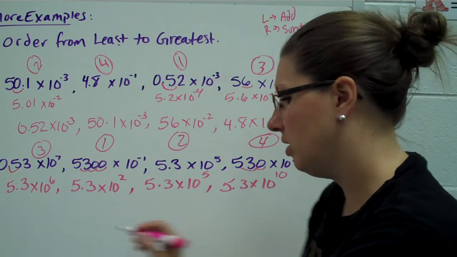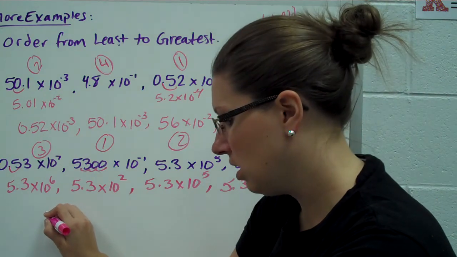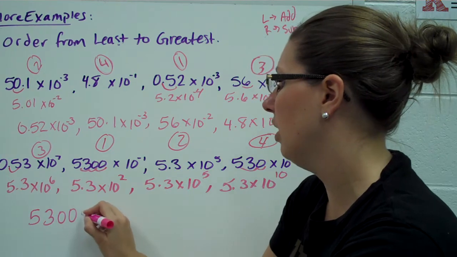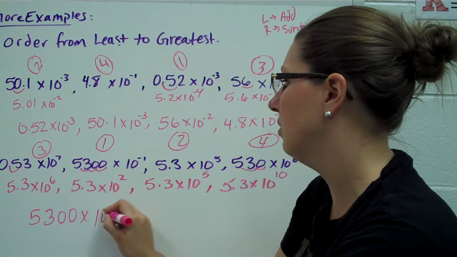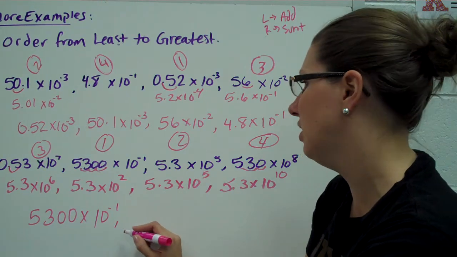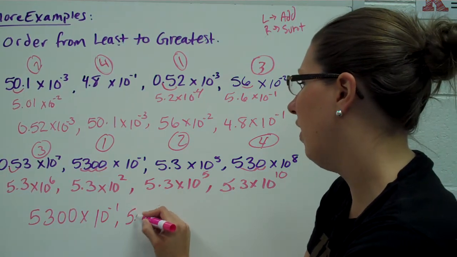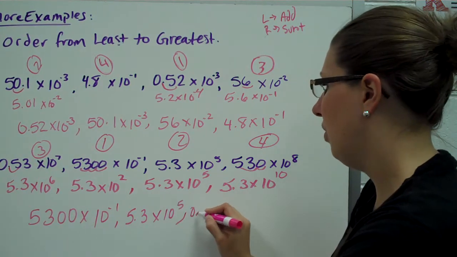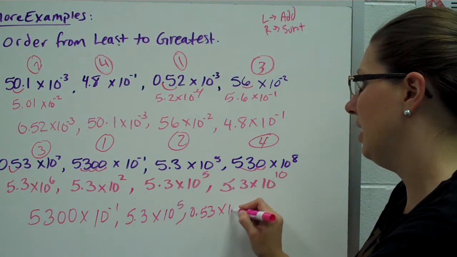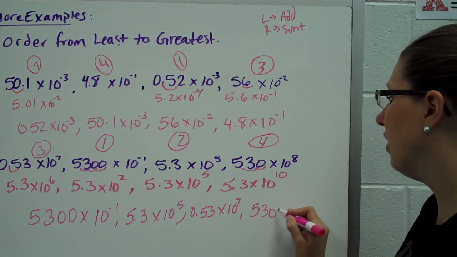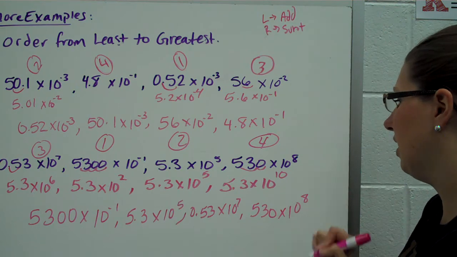No, we have to write it in order based on what the problem was in the first place. So 5,300 times 10 to the negative first, then 5.3 times 10 to the fifth, then 0.53 times 10 to the seventh, then this last one here, 530 times 10 to the eighth.